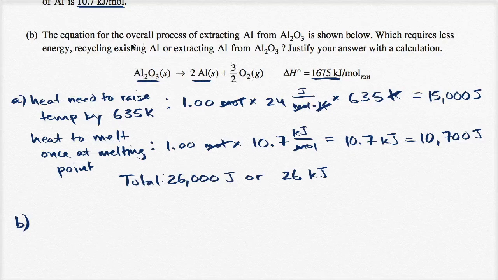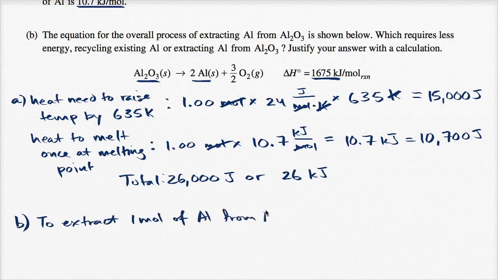So the equation for the overall process. To extract 1 mole of aluminum from aluminum oxide requires, so this much heat will produce 2 moles. So to do 1 mole, you just have to have half of that.